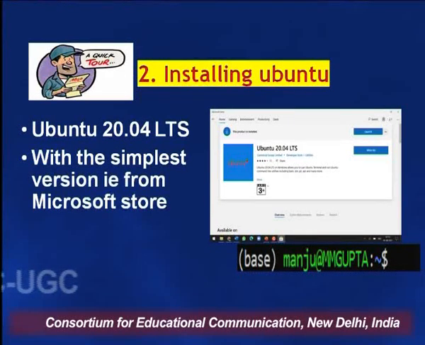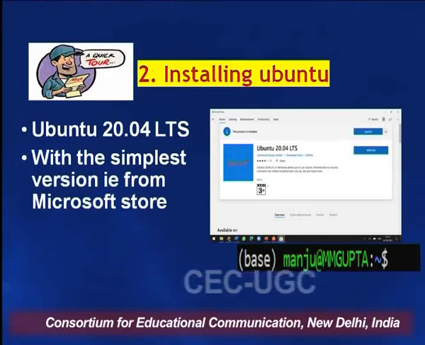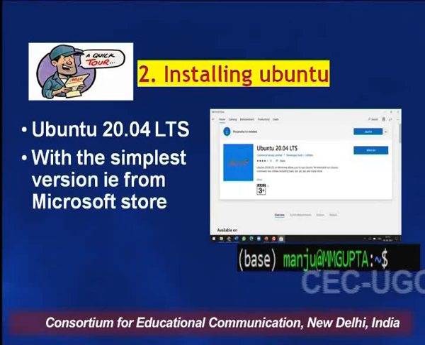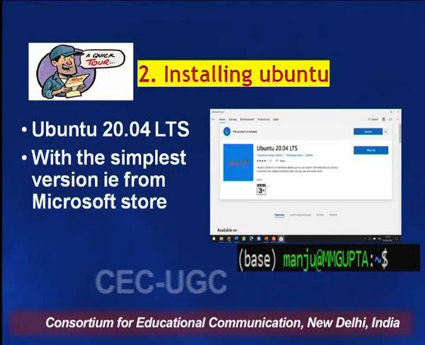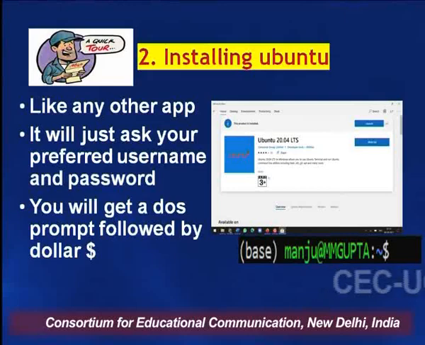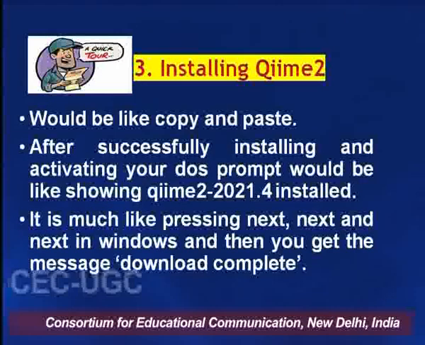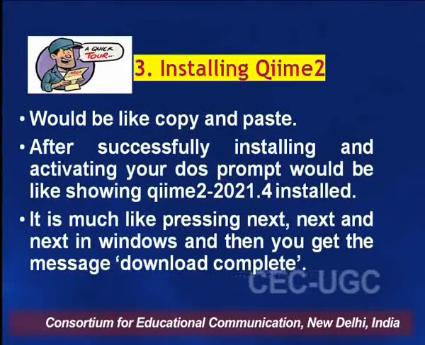If you want to run QIIME, you have to have Ubuntu installed. At present I picked up the simplest version, which is in the Microsoft Store. If you go and install Ubuntu there, that becomes the simplest. Once you get Ubuntu installed, you will get a dollar prompt like this, and the rest of the commands you can follow from the QIIME website.